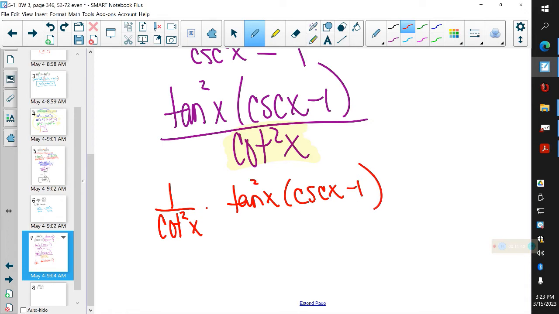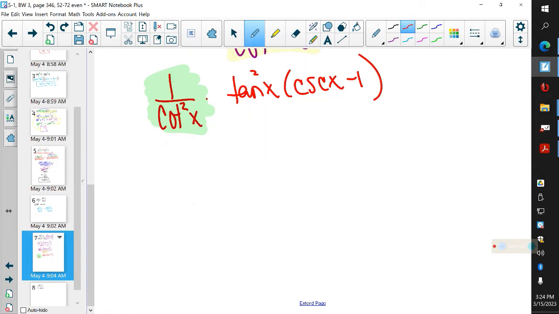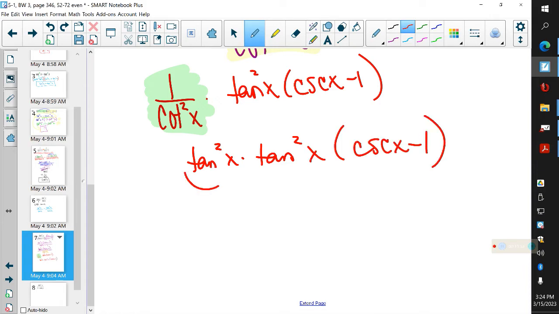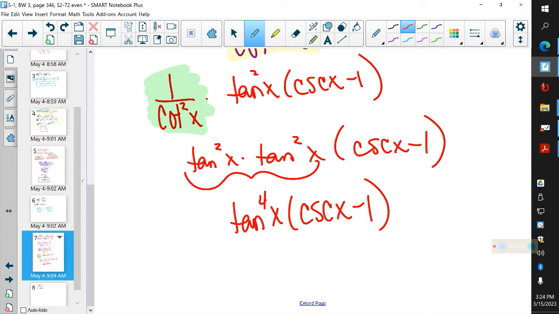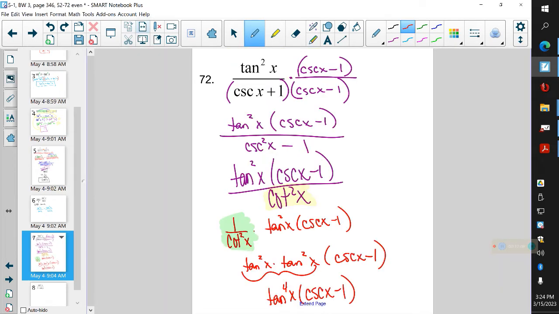This is actually going to be tangent squared. So I have tan squared of x times the tan squared of x times the cosecant of x minus 1. And these two together is going to give me the tangent to the fourth of x times the cosecant of x minus 1. And the goal was for it to not be a fraction. And it is not a fraction.